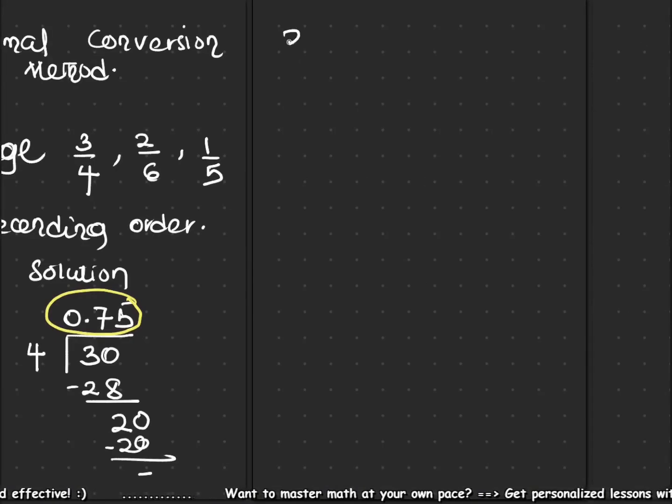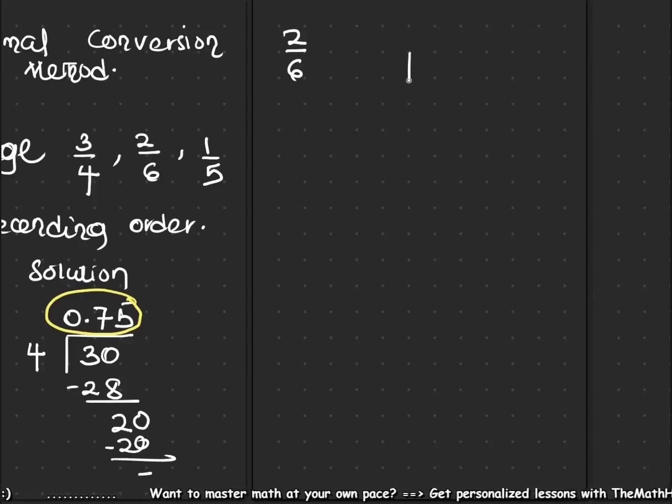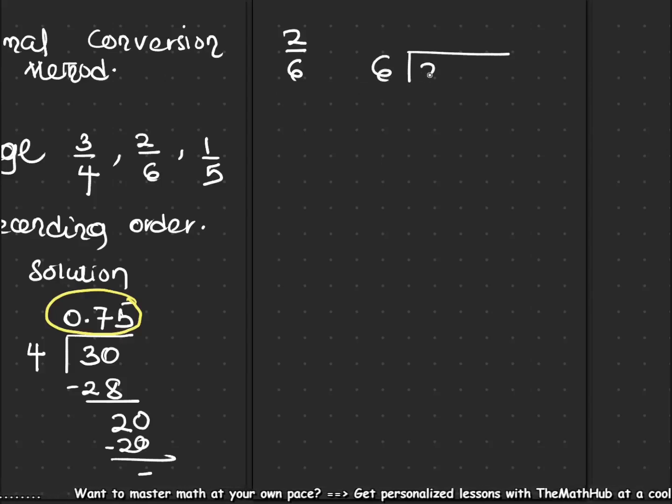We'll go to our next fraction, which is 2 over 6. Also in decimal, what are we going to do? We have our long division, with 6 outside and 2 inside. If you divide 2 by 6, that isn't going to work. Hence, we put 0 point. This decimal allows us to bring 0 here. 6 divides 20 how many times?